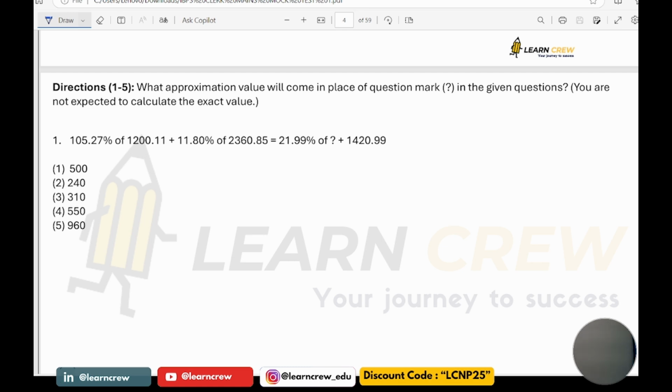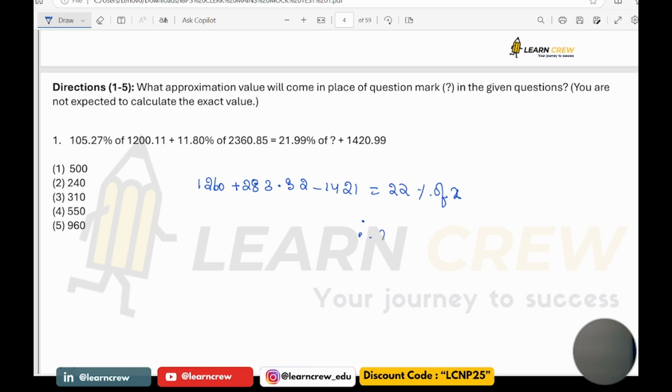If you simplify here, how much are you going to get? 105% of 1200 is 1260, plus 283.1260 plus 283.32, minus 1421 is equal to 22 percent of some x.